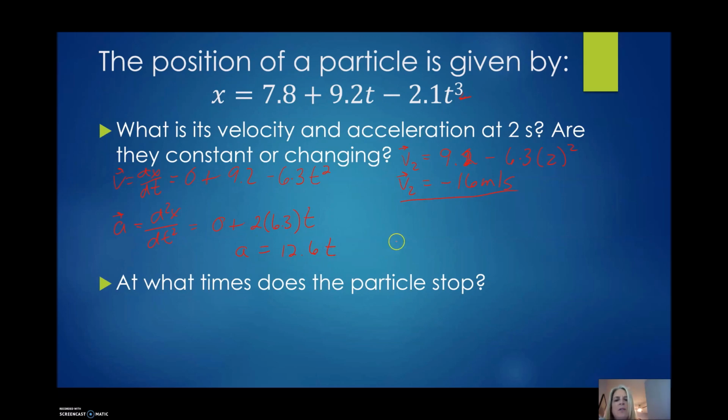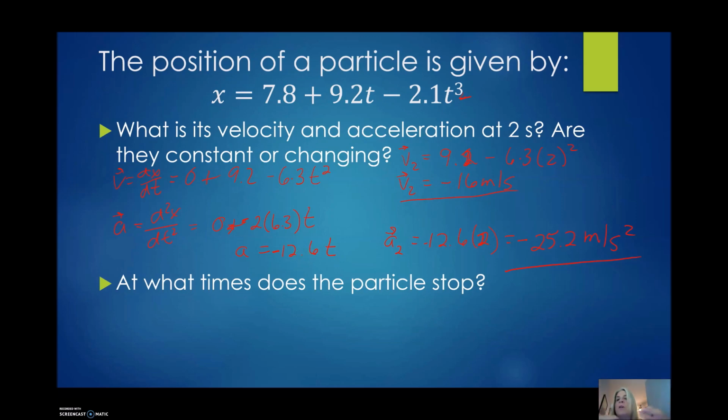And so the acceleration at 2 seconds is going to be 12.6 times, oh, there's a negative. Sorry, that should be a negative. Dang negatives. Times 2, which gives us a negative 25.2 meters per second squared. Now, is that changing? Well, yeah, because as t changes, the acceleration is going to change.